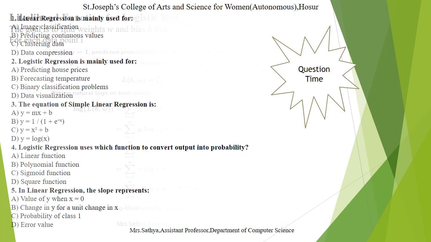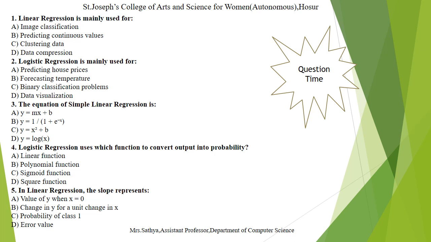Next we are coming to the end of the session, question time. Before that, I'll recall the topics we have completed. First, linear regression: it predicts continuous values. The straight line equation gives the best fit line, and it minimizes squared error.